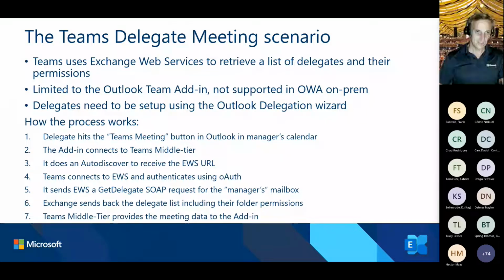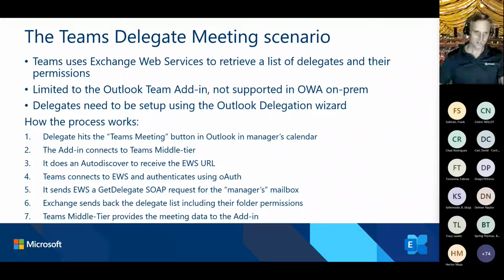The Teams meeting add-in in Outlook connects to the Teams middle tier, in this case, the scheduling service. And then the scheduling service again does an Autodiscover v2 request to get the EWS URL. It connects and authenticates to the EWS endpoint, again using an OAuth bearer token.